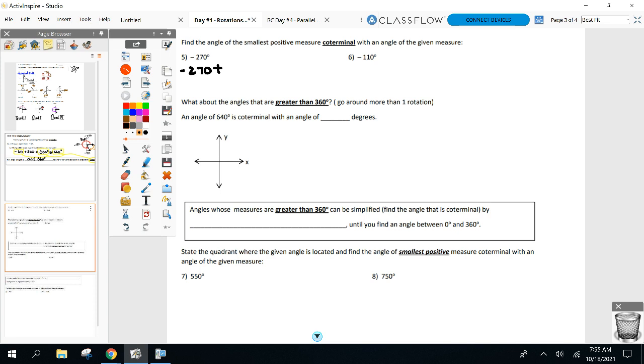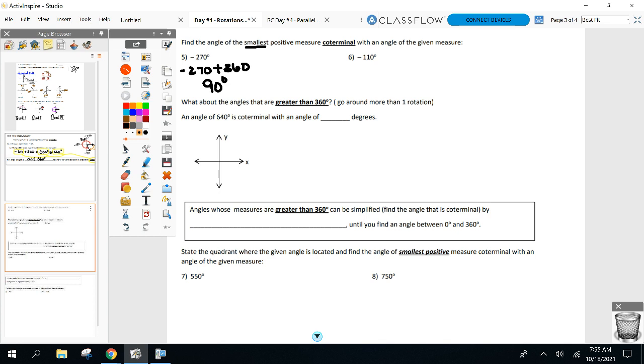What are you guys doing to the negative 270? Okay. Adding 360. And what are you getting? 90 degrees. Now, could I keep adding 360 and get more answers? Yes, but what's the direction say? Find the smallest positive measure, and that's the smallest I can get, 90.